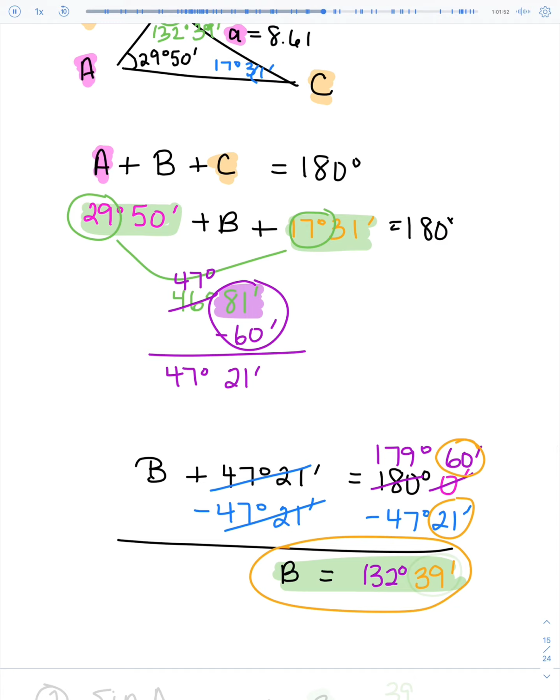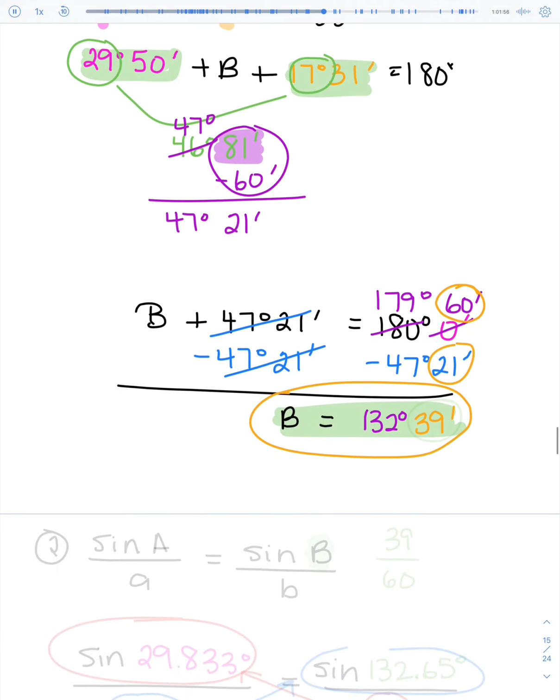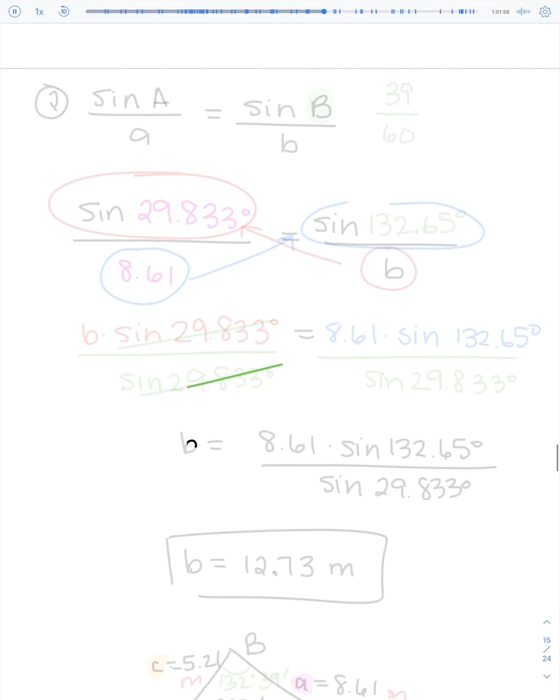So now what we need to do is find that third missing side, and all we'd have to do is use the law of sines all over again one more time.